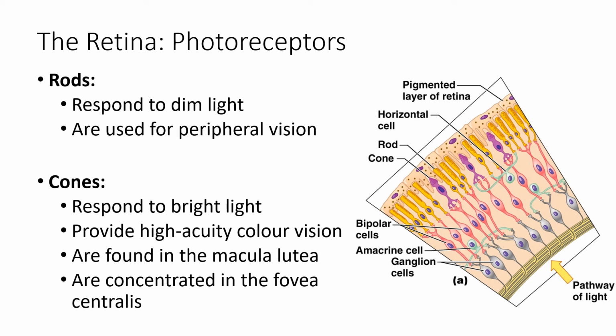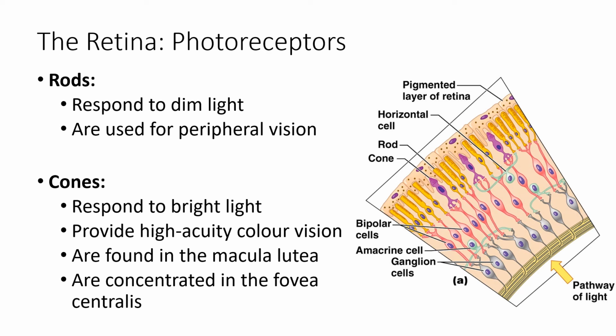So why are the cones focused here? Well, it's because the lens focuses light on the macula lutea, and specifically the center part of that, the fovea centralis.